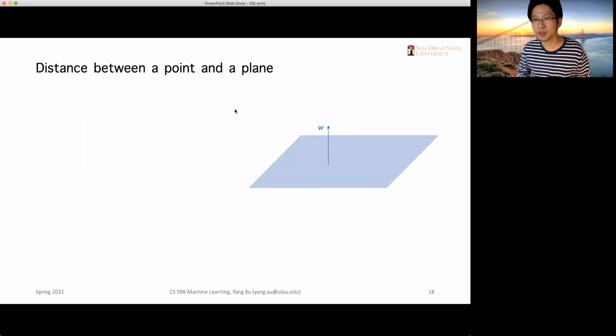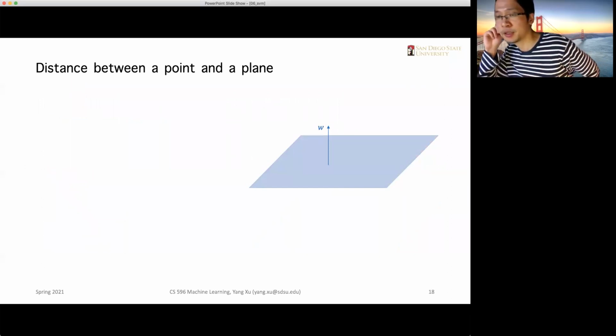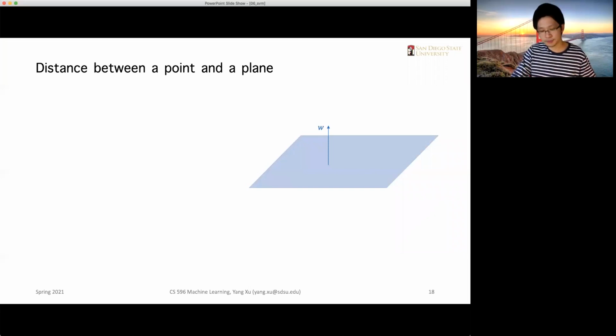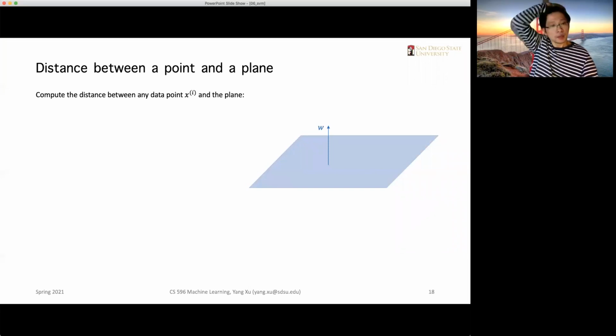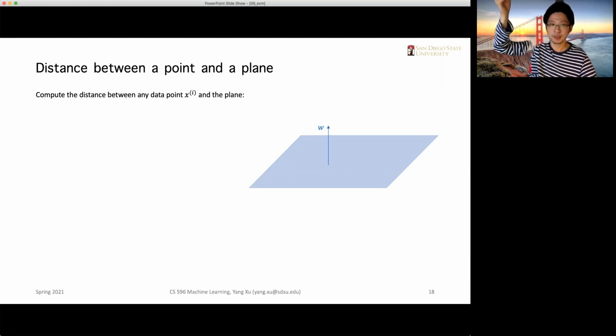All right, now we can put W here to indicate the direction perpendicular to the plane. Now let's compute the distance. Remember, our goal is to compute the distance from a point outside the plane to the plane.